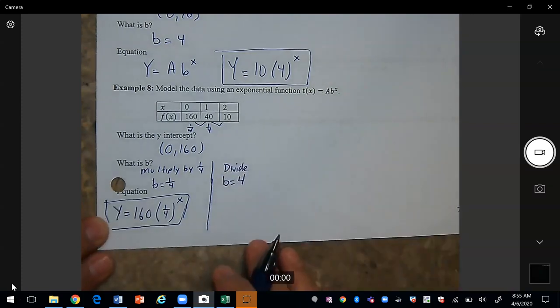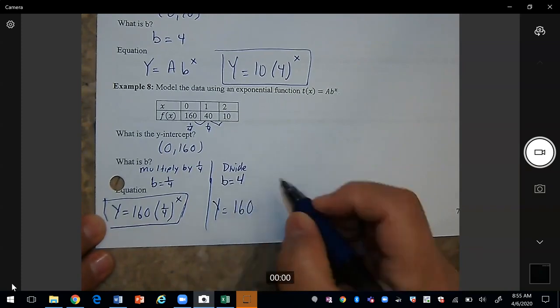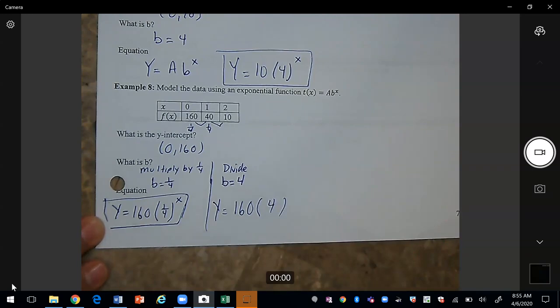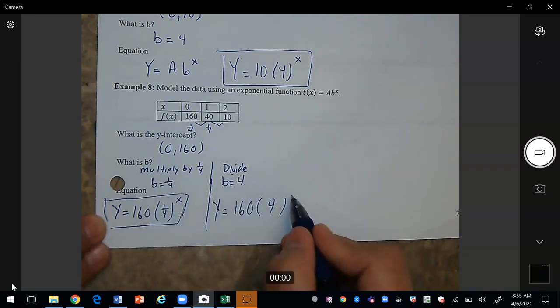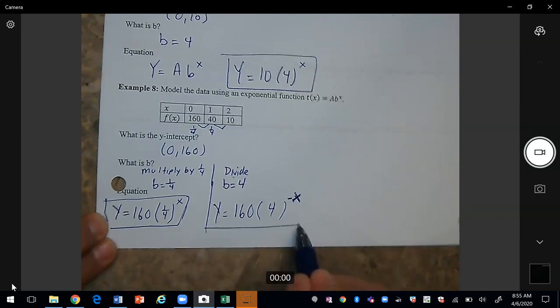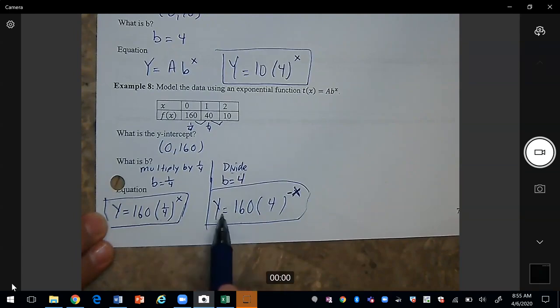And for the division part, we would have y is equal to 160, b is 4. However, since we are dividing instead of multiplying, we represent this as a negative exponent. If you notice, this equation and this equation are exactly the same, but one is written with a positive exponent and one is written with a negative exponent.